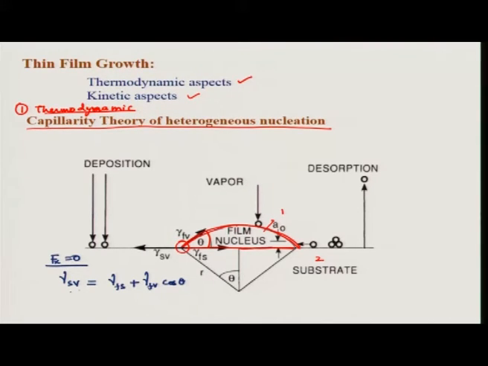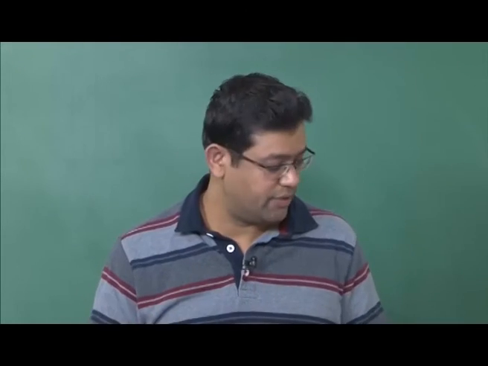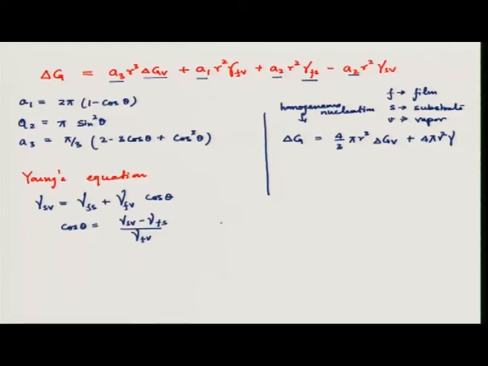This is my Young's equation which I have written here, and from this we can calculate the angle of that nucleus onto my surface. This theta angle is also called the wetting angle or contact angle.